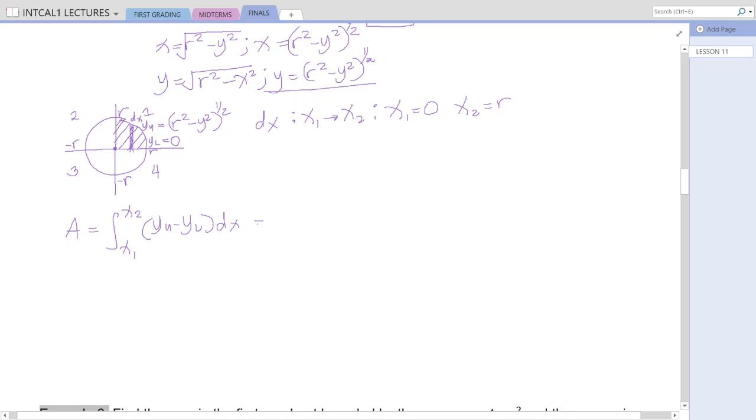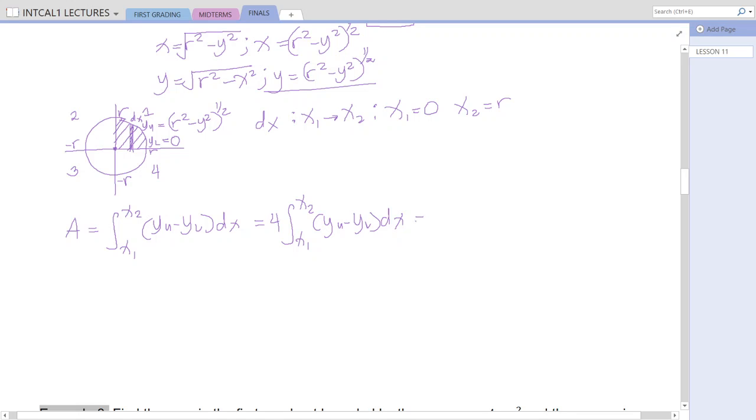We have to multiply it by 4 since it has four quadrants, and we have to get the whole circle. So that is 4 multiplied by the integral from x sub 1 to x sub 2 of y upper minus y lower, multiplied by dx.